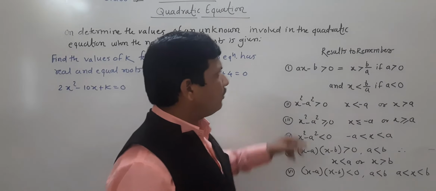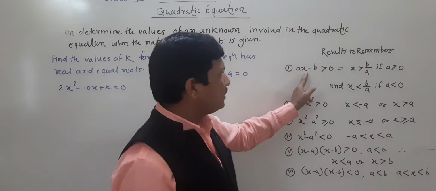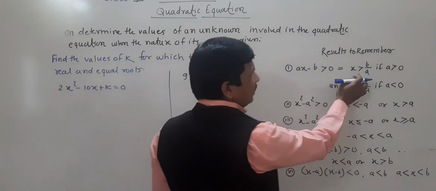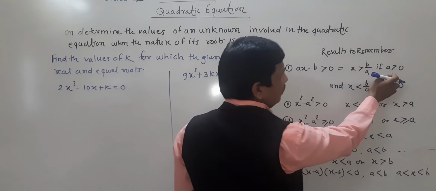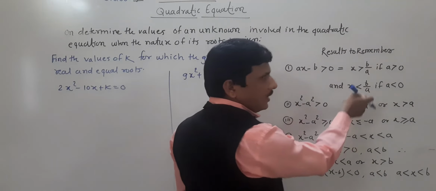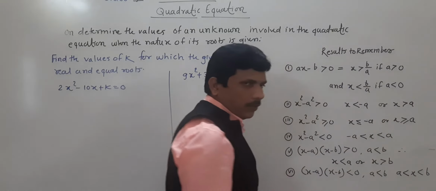How did this b upon a come? This b will move to the RHS, and x is greater than b upon a. So this inequality depends on the value of a. If a is greater than 0, then x is greater than b upon a. If a is smaller than 0, then x is smaller than b upon a.